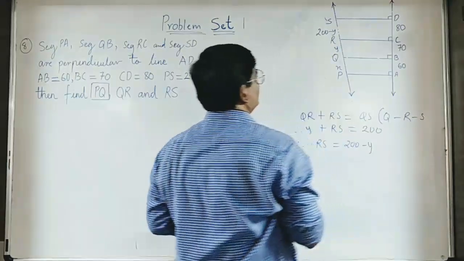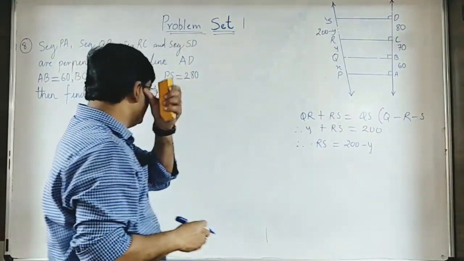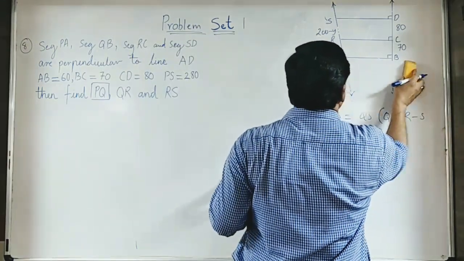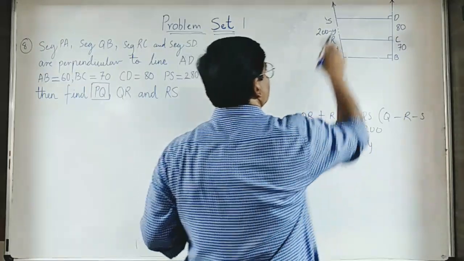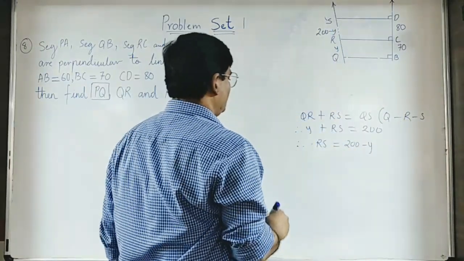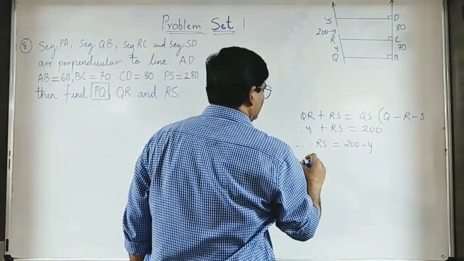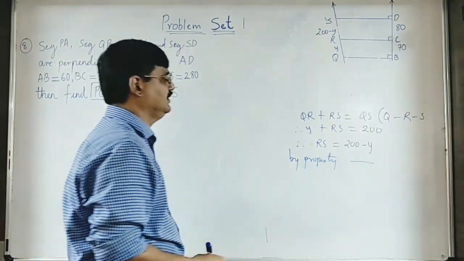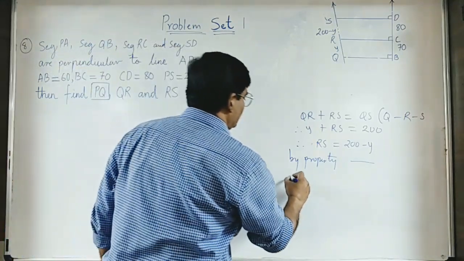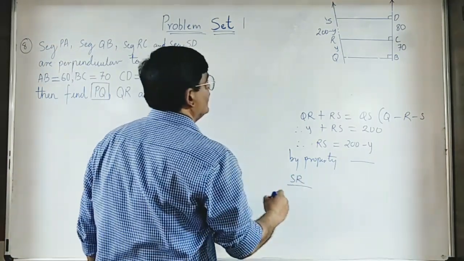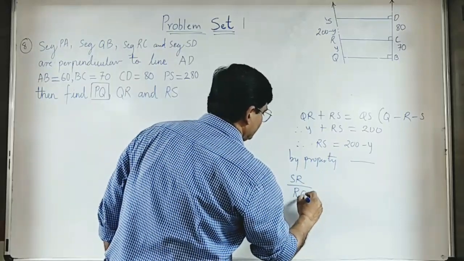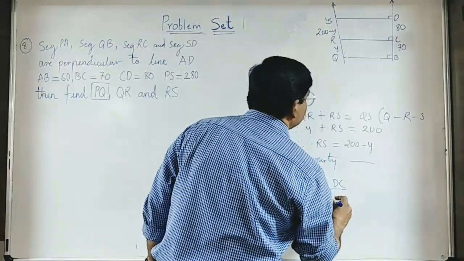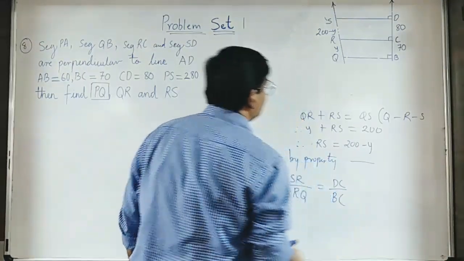And we kept this as a 5. Same what we have to write over here. Now in this case, these three parallel lines are there. Then by the property of three parallel lines, you have to write SR upon RQ is equal to DC upon BC.